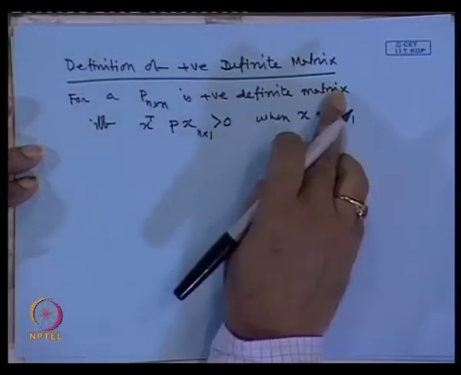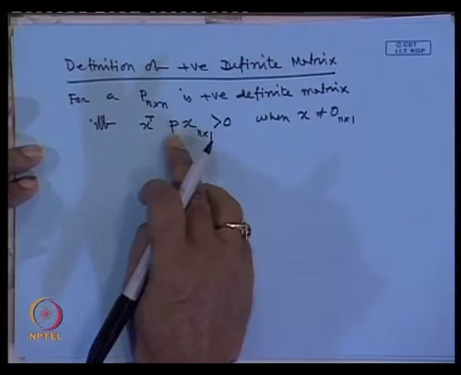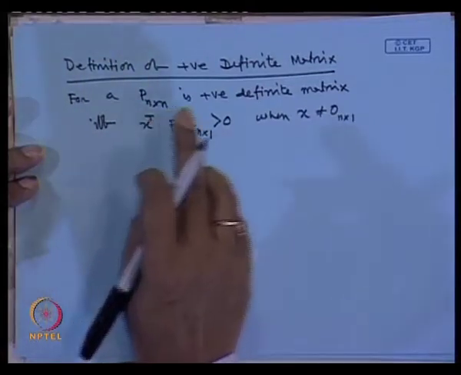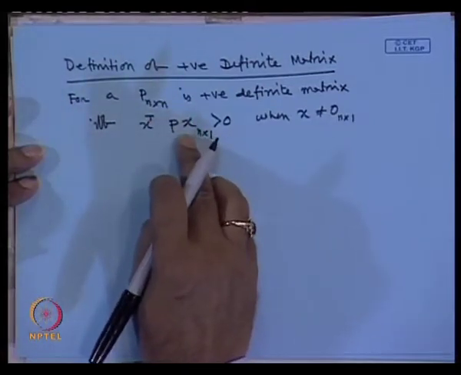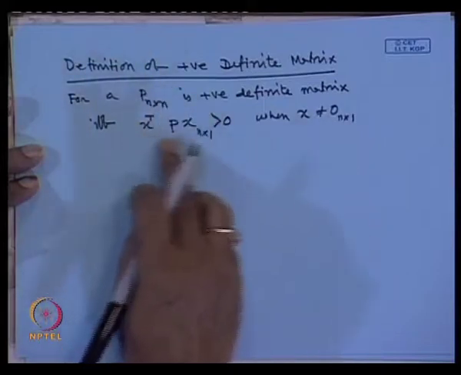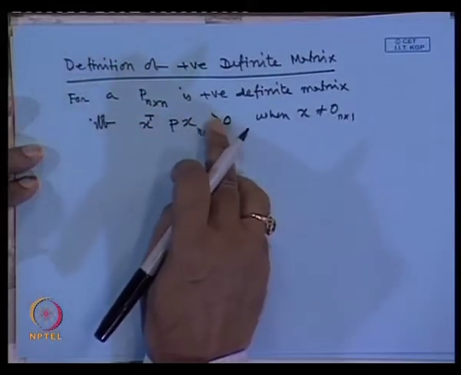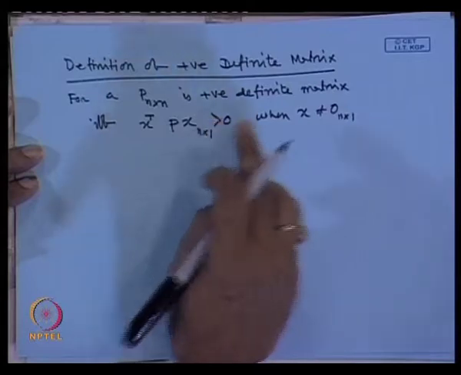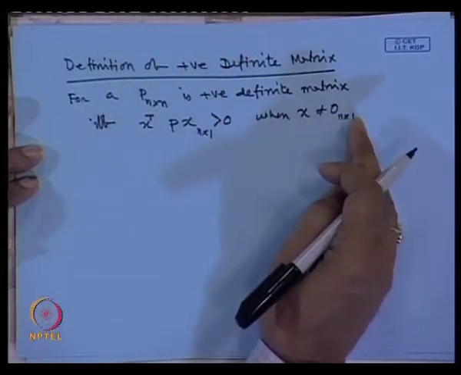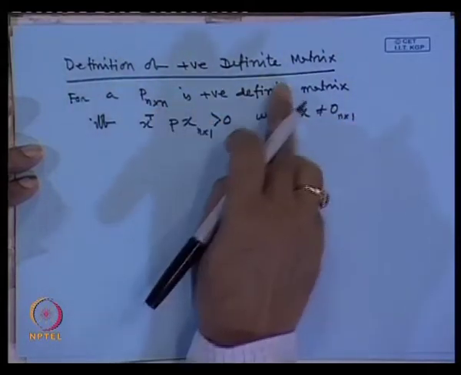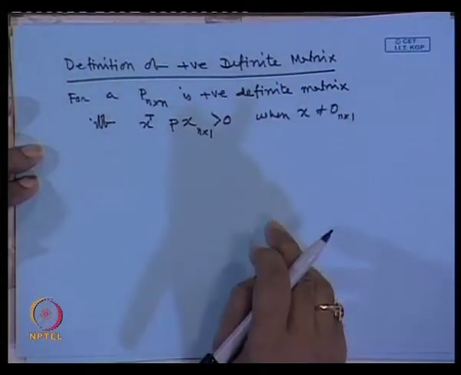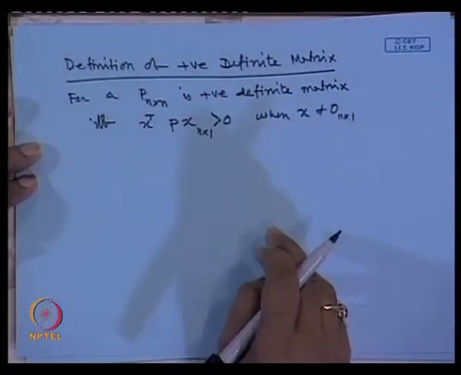If P is a positive definite matrix, you pre-multiply by x transpose, any vector x, and post-multiply by x. If this quantity is greater than 0 for all values of x except x equal to the null vector, then we will call the matrix positive definite. Agree?